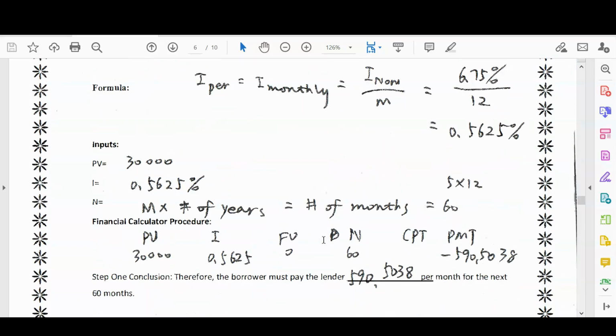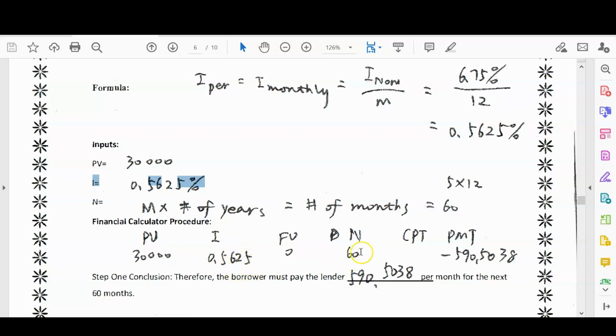So the values that we're going to input in the financial calculator: the present value is the current loan amount, 30,000. The interest rate should be the monthly rate. Instead of putting the annual nominal rate, we should input the monthly rate, 0.5625, in the calculator.